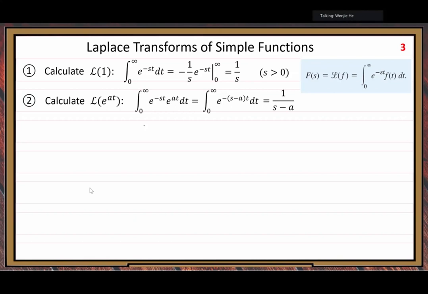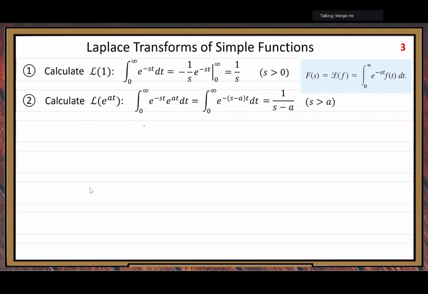The whole parenthesis s minus a plays the same role as the s of that formula. That's why you have 1 over s minus a. But the condition is s must be greater than a, so s minus a must be a positive number. That's the second basic formula.